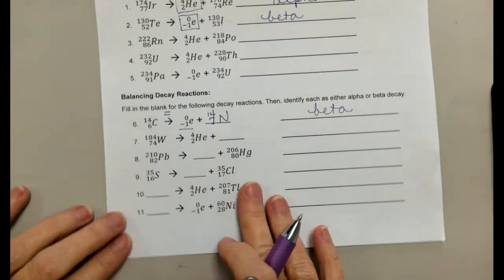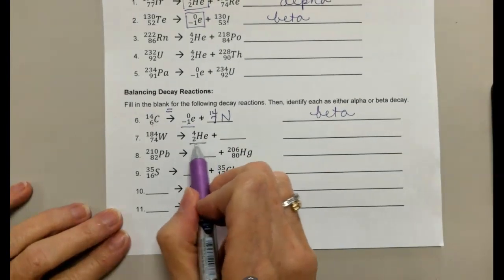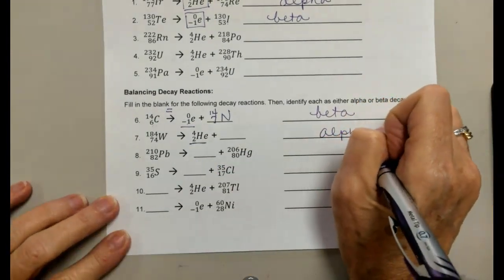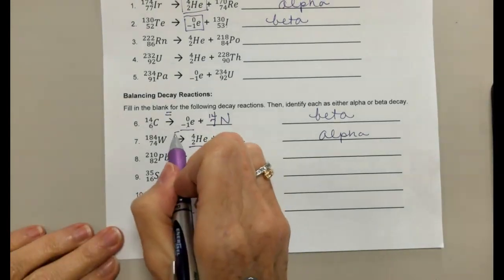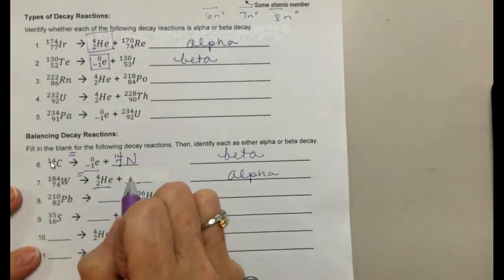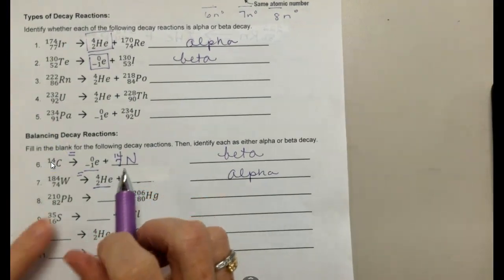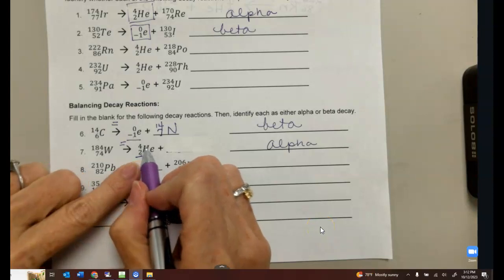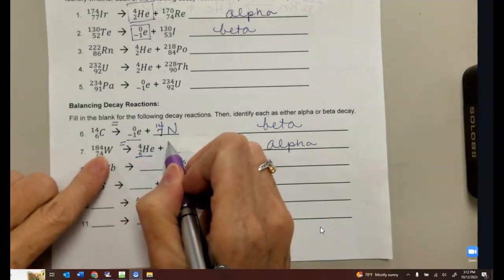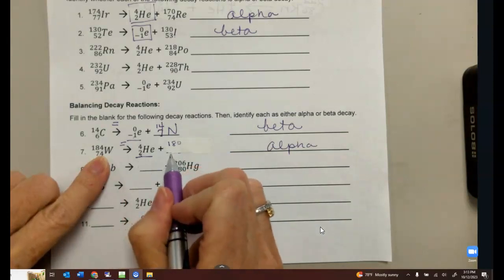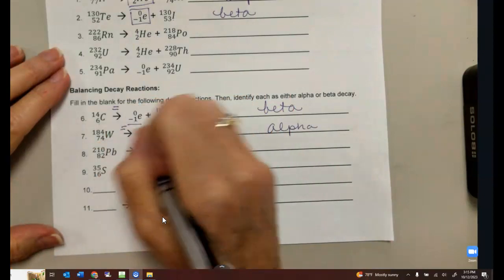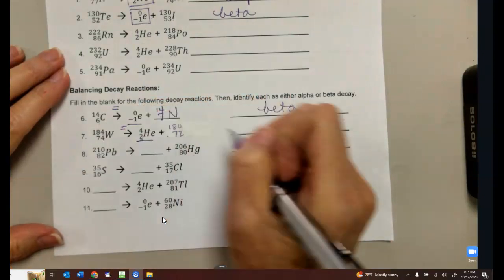What happens if I undergo alpha decay? So this one's alpha, and the same thing happens: law of conservation of mass. Whatever's on the left has to equal whatever's on the right. So we've got 4 plus what number equals 184? 180. 2 plus what number is 74? 72 plus 2 is 74.